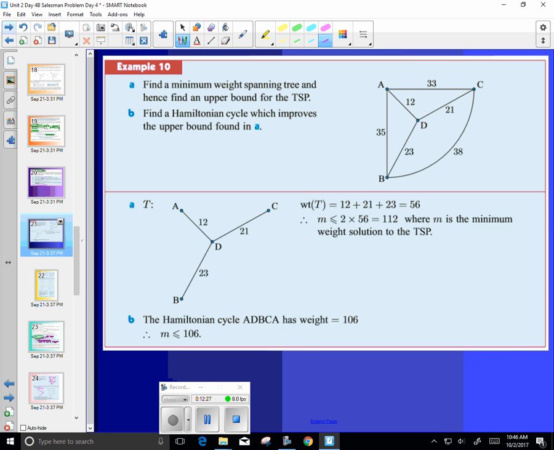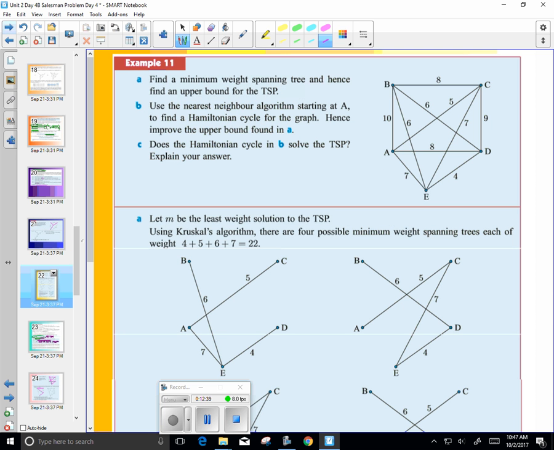So for something like this, find a minimum spanning tree. This would be my minimum spanning tree. And then in order to do the nearest neighbor, we got to do a problem like this. You start with one of these minimum spanning trees here, here, here, and probably here.